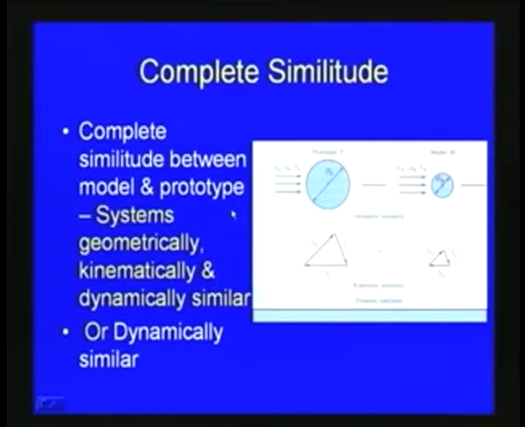Or generally, as we have seen earlier, when dynamic similarity is met, the kinematic as well as geometric similarity are also considered. So, for the model which we do in the laboratory with respect to the real case or the prototype, we can say that complete similitude is achieved.